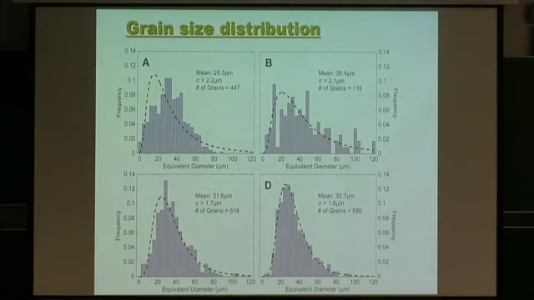And so you can see that the grain size distribution in these cases is evolving, as this is 42 hours of annealing and 84, 168, and 300-something hours, like 2 weeks, right? And you start to see a characteristic grain size distribution, and yes.